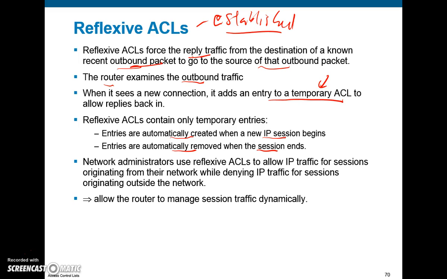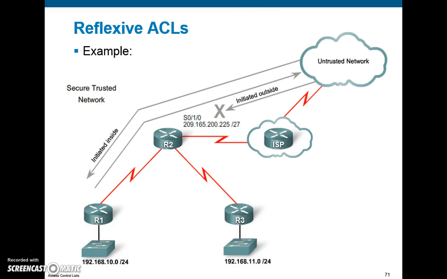This is a bit more powerful than the established command. I will not go into the details of the difference between established and reflexive, but basically reflexive is more powerful and can examine more details of the packet compared to established. So a network administrator will use it to allow traffic to go out from the network and allow the traffic to come back. Let's look at an example.